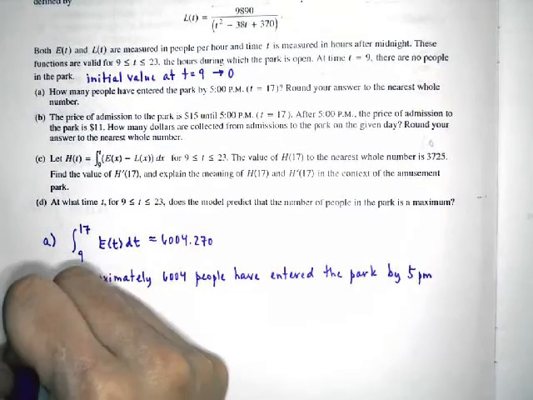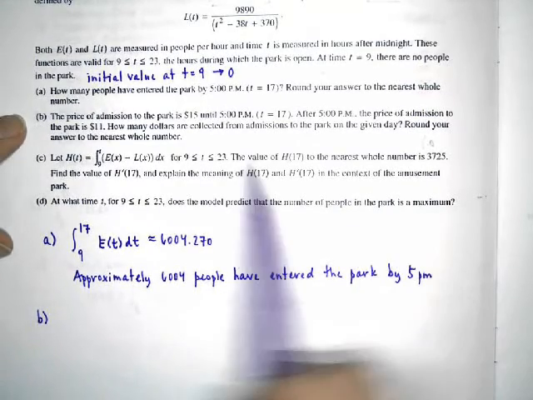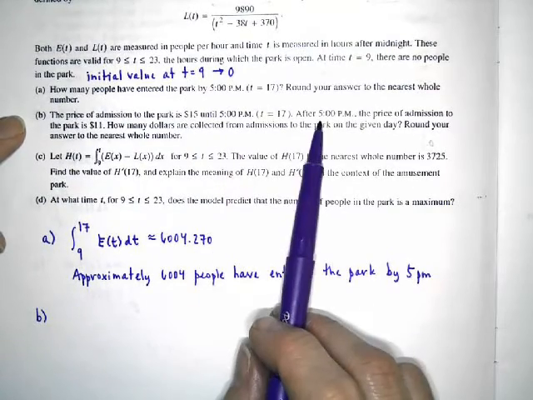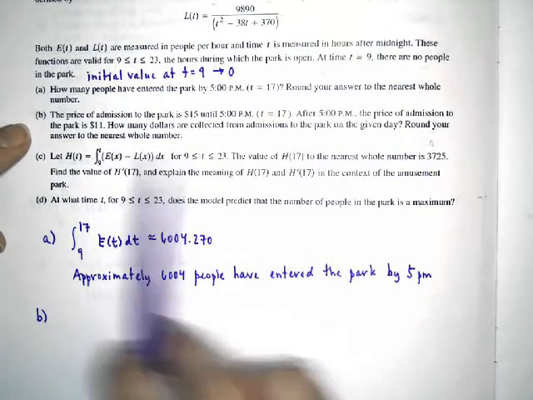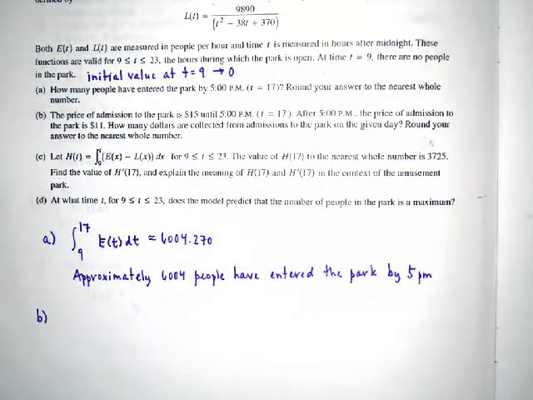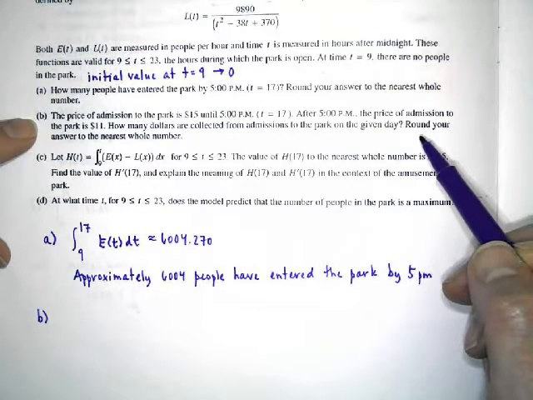Okay, now part B has to do with the price of admission and how much money they're collecting from people entering the park. So we know the price of admission is $15 until 5 p.m. And then after 5 p.m., the price of admission is going to go down to $11. So how many dollars are collected on the given day? And we're going to round to the whole number. Now I know that the amount of money collected has to do with the people entering the park.